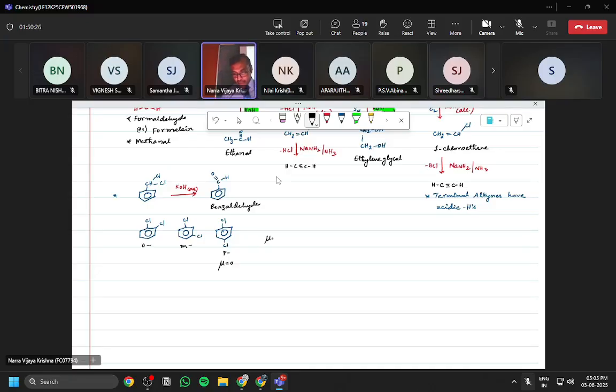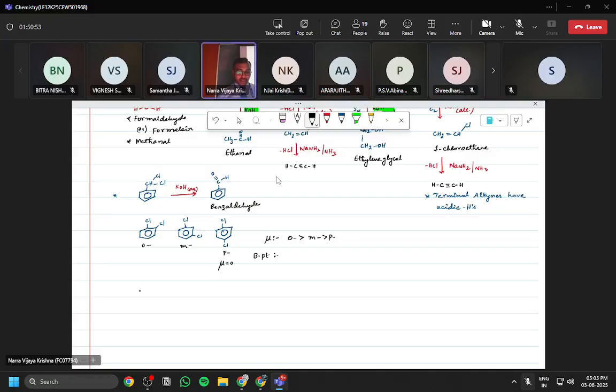Now, in case of dipole moment, which will have high dipole moment? Ortho greater than meta greater than para. Now, if you want to check boiling point, which has the higher boiling point? In case of ortho, net dipole moment is there, right? Means the molecule becomes polar. The next molecule is also polar, so they will attract.